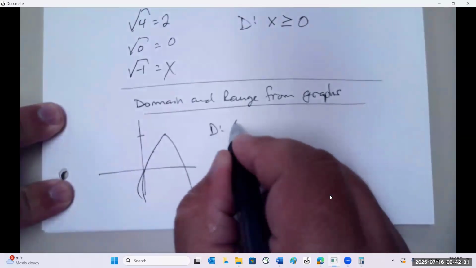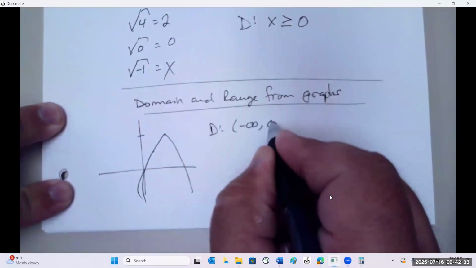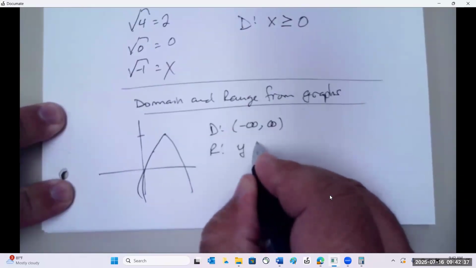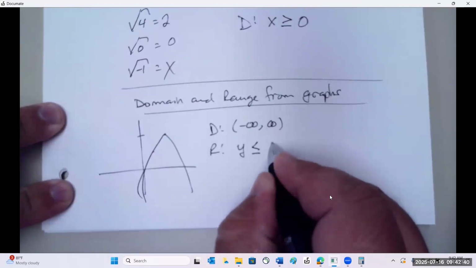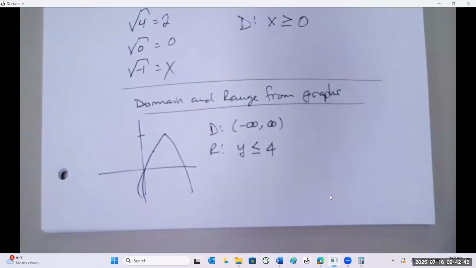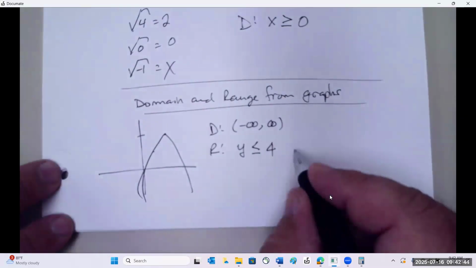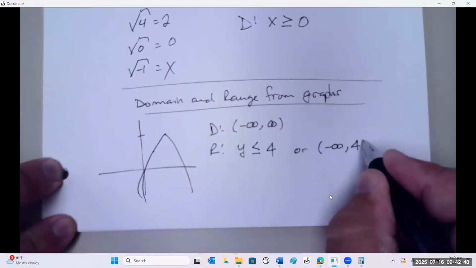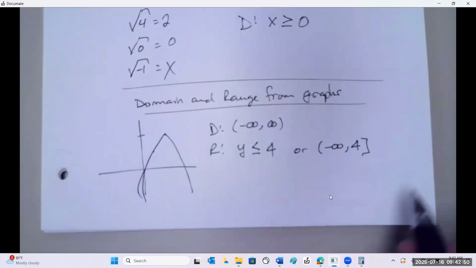The domain is from negative infinity to positive infinity. For the range, I can say y is less than or equal to positive 4, or I can write negative infinity to positive 4. Again, we're going to talk about these symbols and what they mean later on.